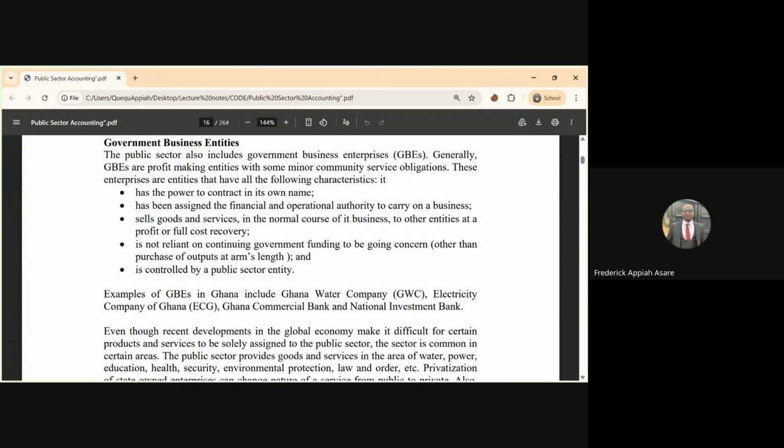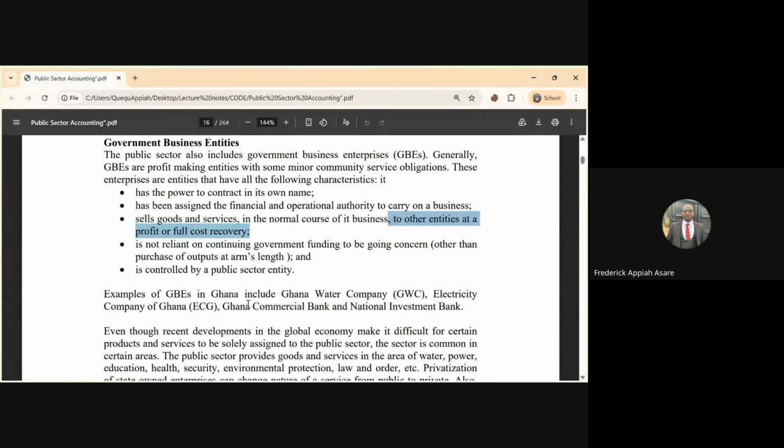They sell goods and services in the normal course of their business to other entities at a profit or full cost recovery. ECG does not give us electricity or power for free. They even add profits on it.